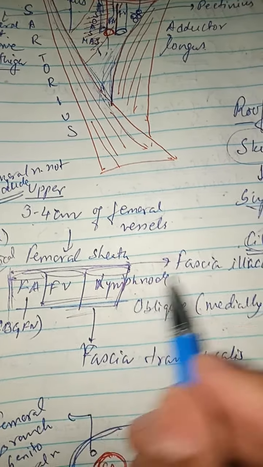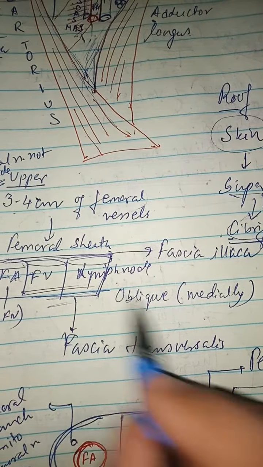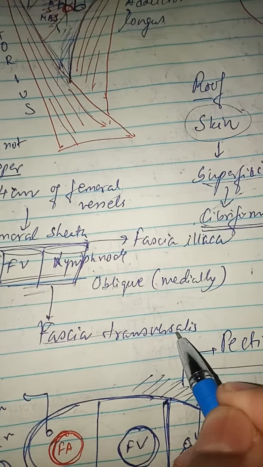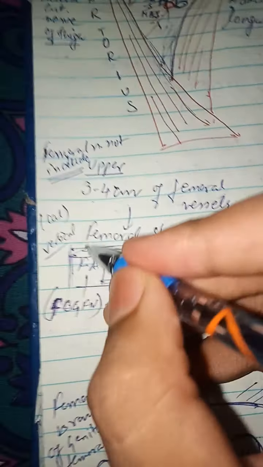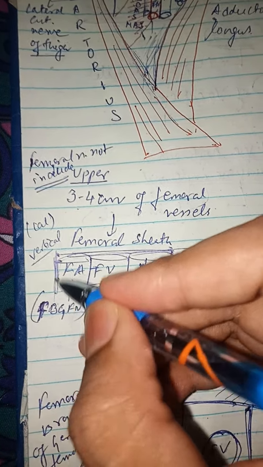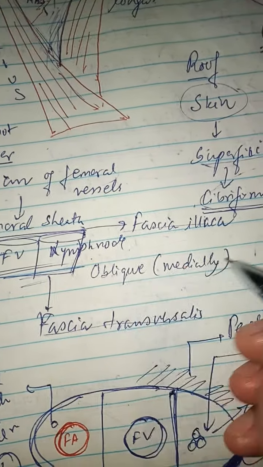This sheath is formed anteriorly by the fascia transversalis, posteriorly by the fascia iliaca, vertical laterally and oblique medially.